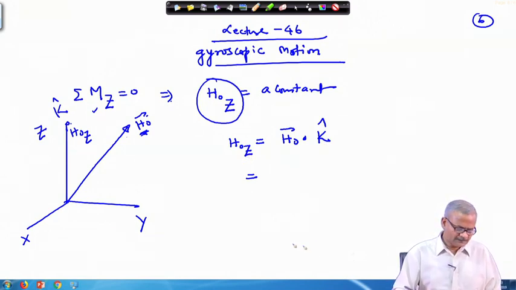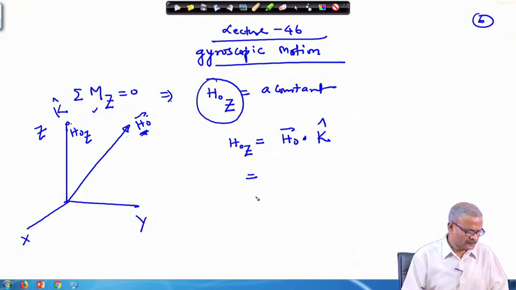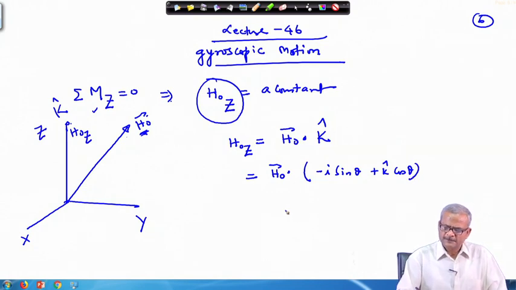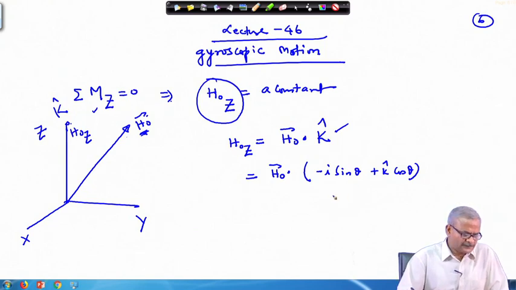There is another way of doing this: first we work for this. So, K dot is minus I sin theta plus small k cos theta. This we have already done, so look back at the previous lecture. H 0 we have calculated previously, and we need to put it here.